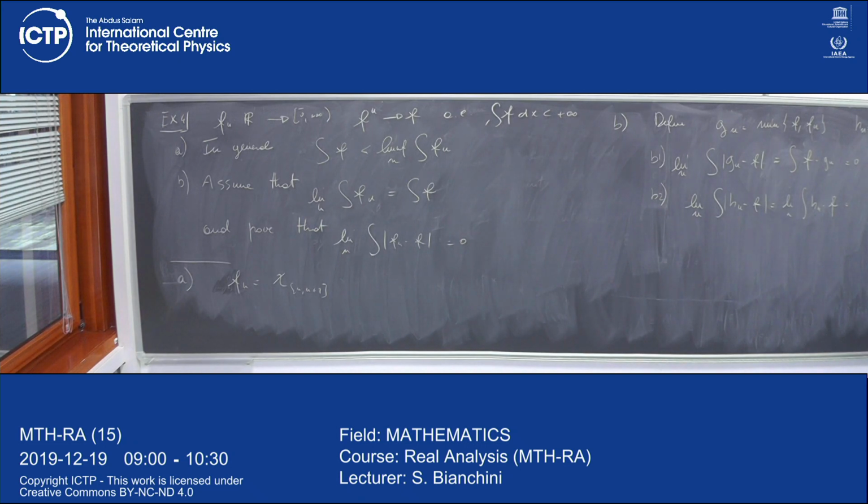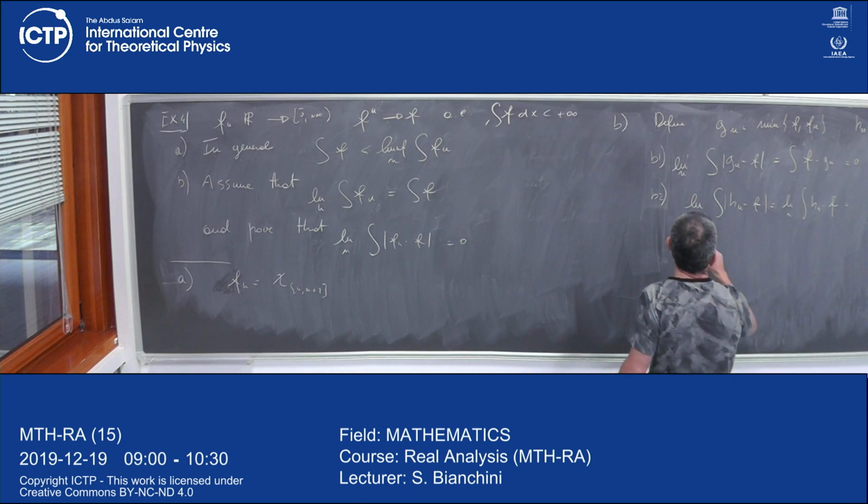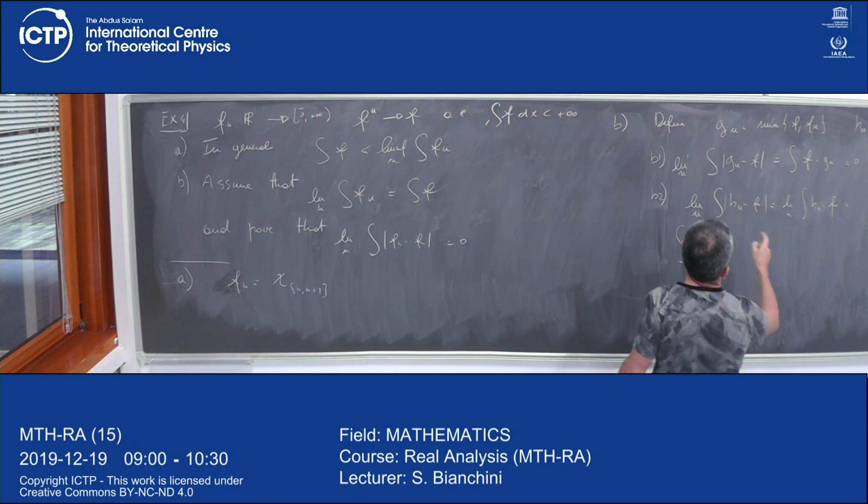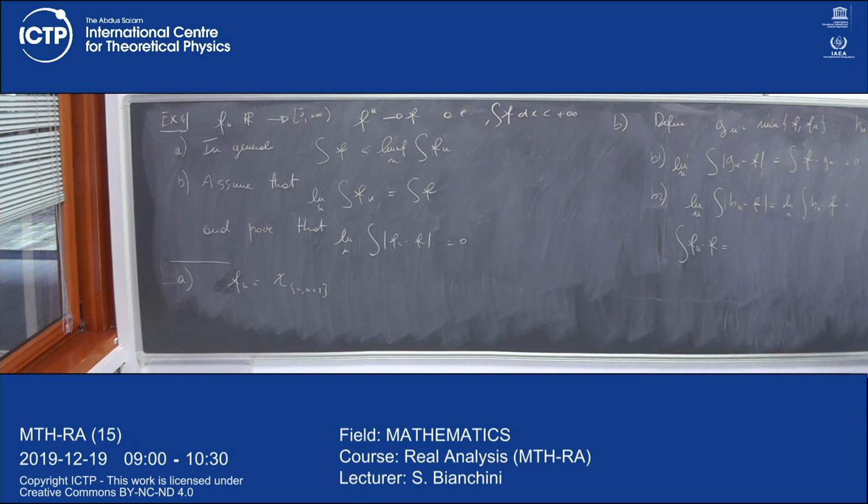So I know that the integral of fn minus f, these are two parts, so it's equal to the integral of hn minus f plus the integral of gn minus f. Okay. So now this limit here is equal to the limit of this guy minus the limit of this guy.